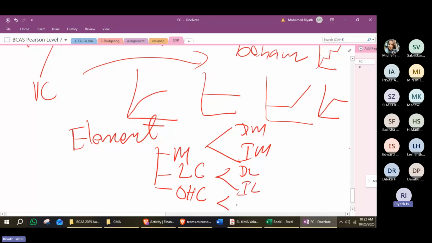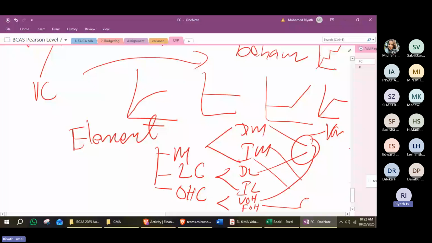Overhead into variable overhead and fixed overhead. So all direct costs are variable, and this is fixed, and indirect things are considered overheads. The rest of the things are variable.